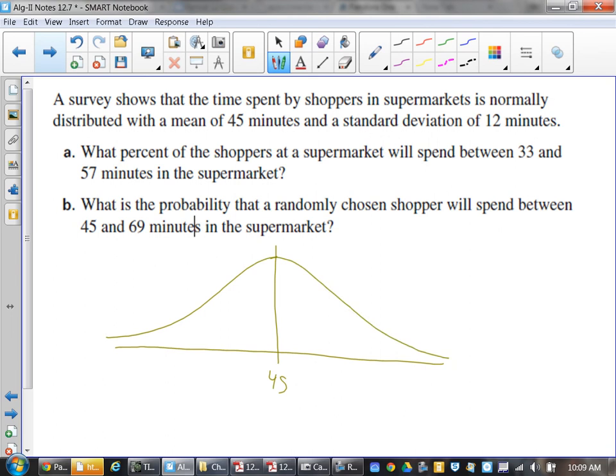If the average is at 45, standard deviation is 12 minutes. Well, I just add in 12 minutes here, so it'd be 57. Add 12 minutes there, I have 69. Add 12 minutes, I get 81. Subtract 12 minutes, I get 33. Then 21, and then 9.